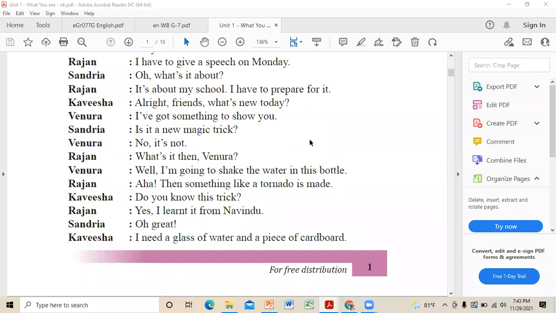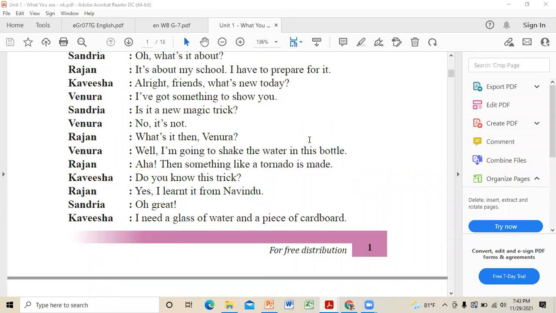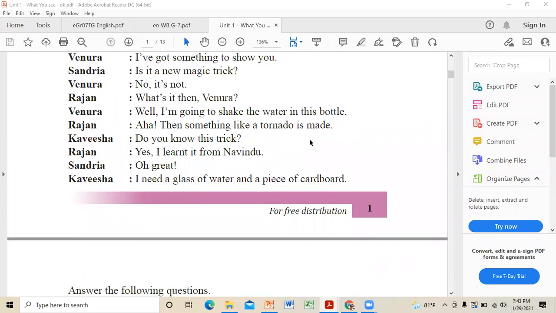In our learning outcomes, I told you that we have 2 learning outcomes. First one was to read meaningfully. And the second learning outcome is to extract information from the text and answer some questions, right?